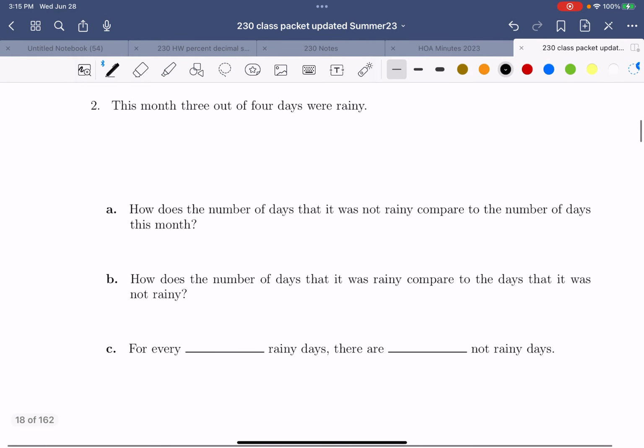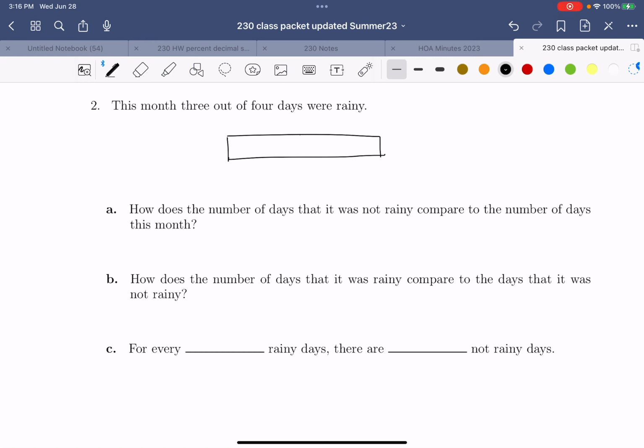Let's see. Number 2: this month, 3 out of 4 days were rainy. This time I'm going to draw boxes, because that's another option if you don't like letters. I'm going to make a big box. This says this month, 3 out of 4, so 3 out of the 4 total days were rainy.